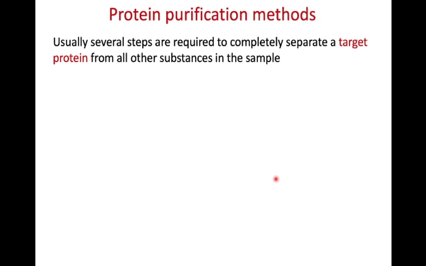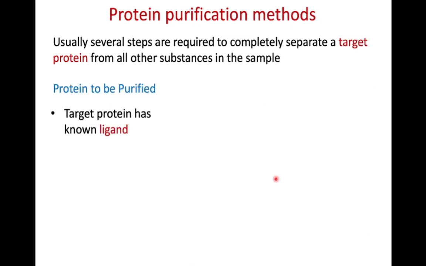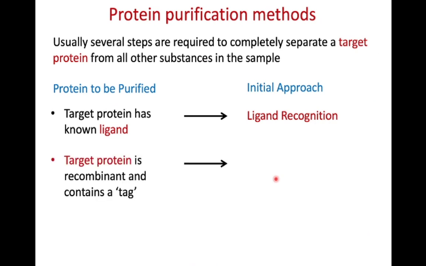Usually there are several steps required to completely separate a target protein from all other substances in the sample. These are proteins to be purified. This is a target protein that has a known ligand. When we have a known ligand, then the initial approach is to use ligand recognition. If the target protein is a recombinant and contains a tag, this is quite good.